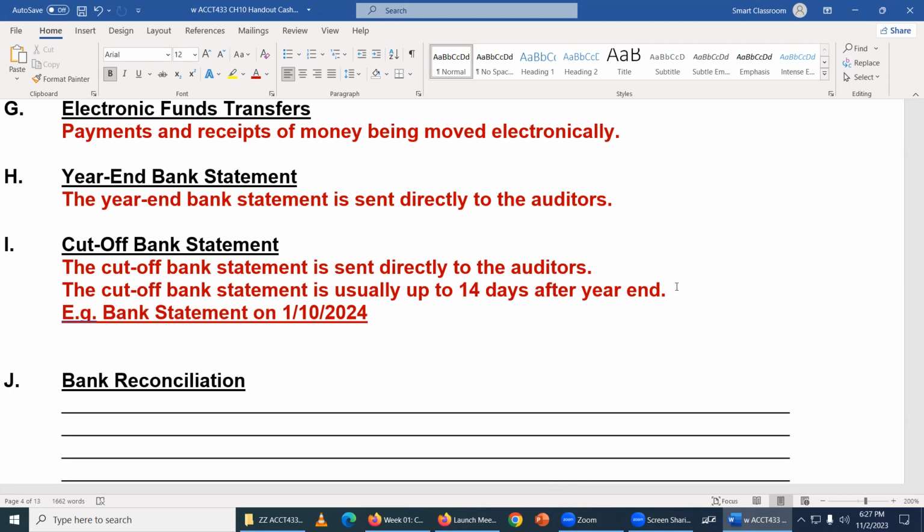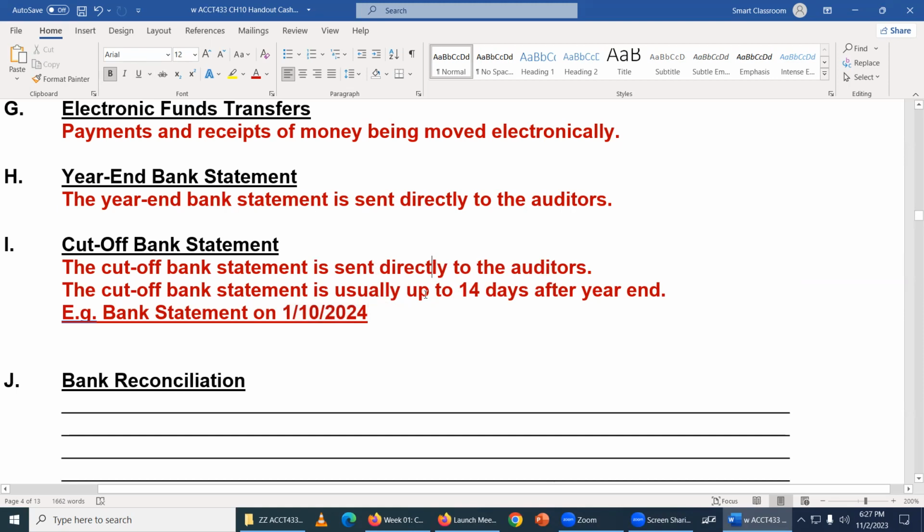How do we find it? Well, one way is that they might pay it when it's due, going into the beginning of the next year. So any payment made in the first couple of weeks of the year is probably accounts payable at year end. It may not be, but you can look into them and make sure that all those that were paid were on the books at year end.